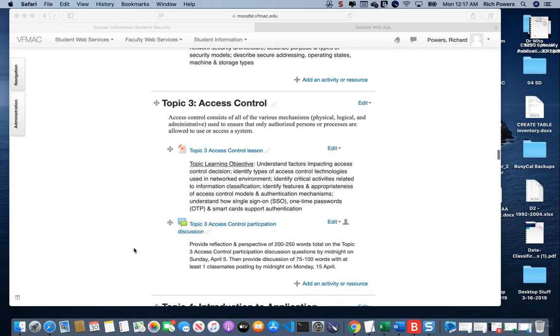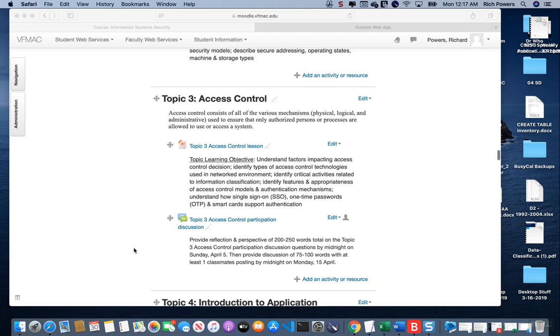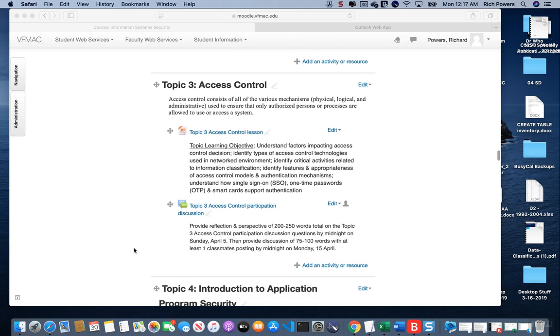Then topic 3 is what we call access control. It's any combination of mechanisms that we use to ensure that only people who are supposed to be accessing an asset can access that asset. Probably the most noteworthy access control is the idea of passwords.